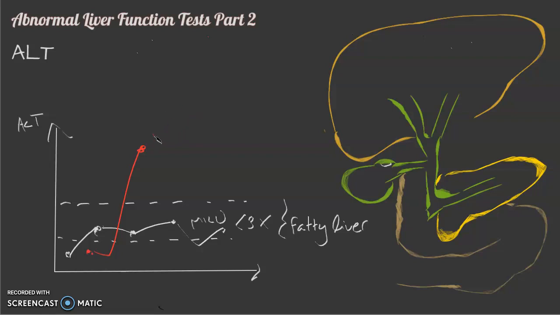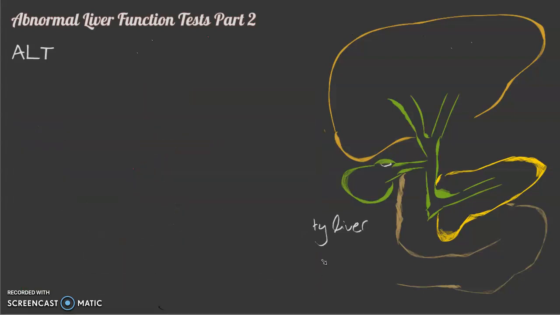So you think of other reasons such as hepatitis, or if bilirubin and ALP are also abnormal, then you want to rule out other conditions to do with that. It depends on the pattern of ALT and the severity, which helps you make a decision. In this case, we're going to talk mainly about fatty liver.